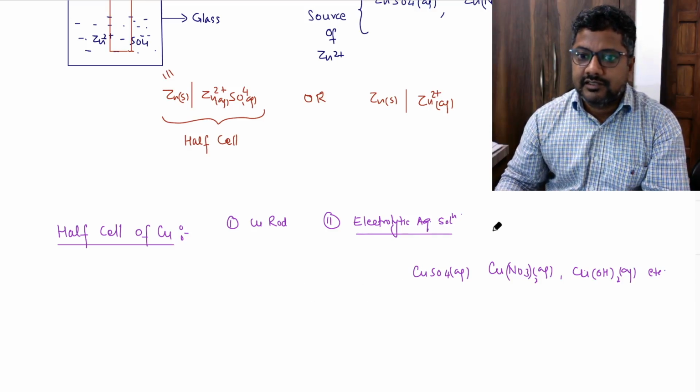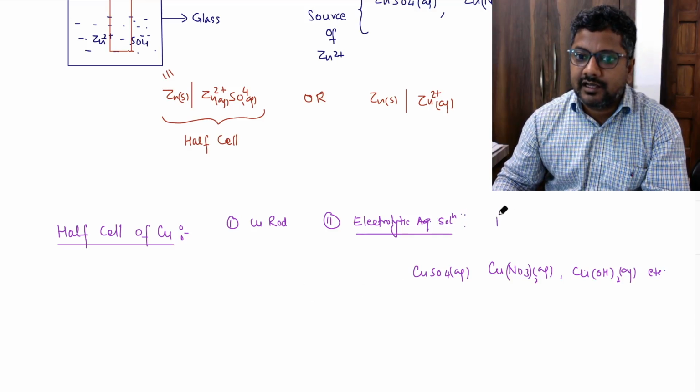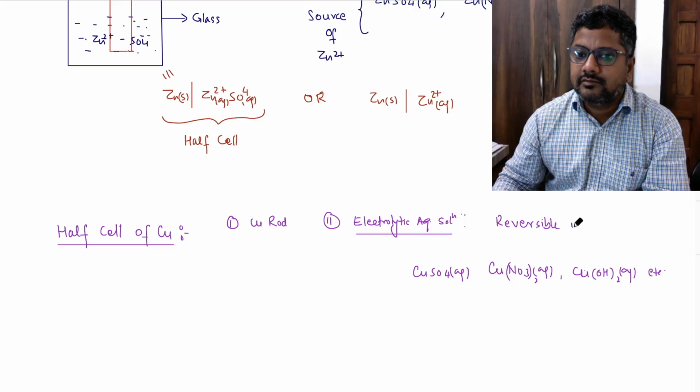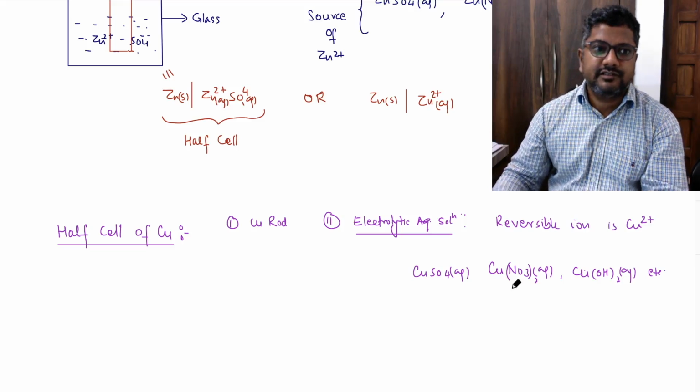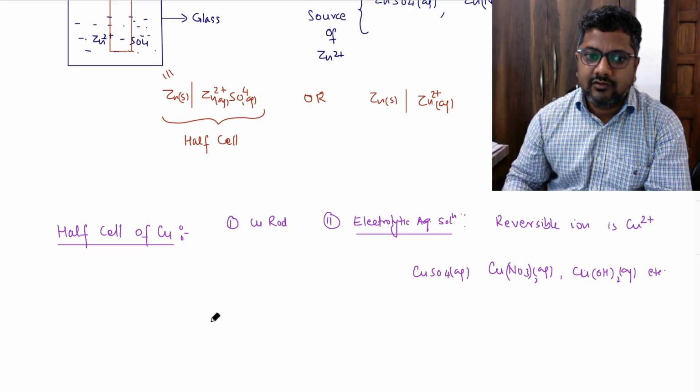So what is the reversible ion here? The reversible ion is copper 2+. So how to represent this?